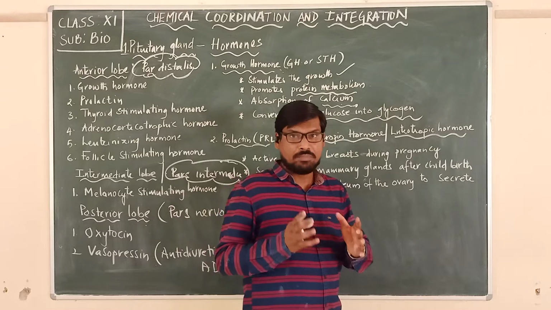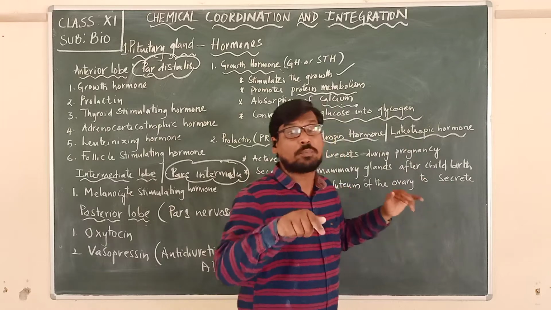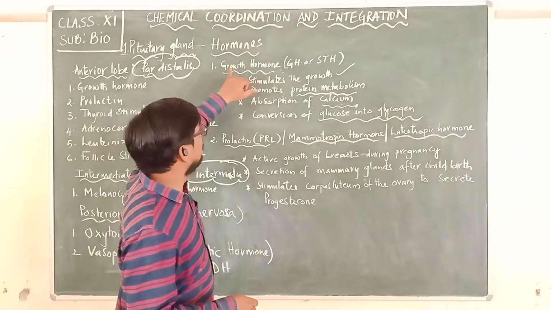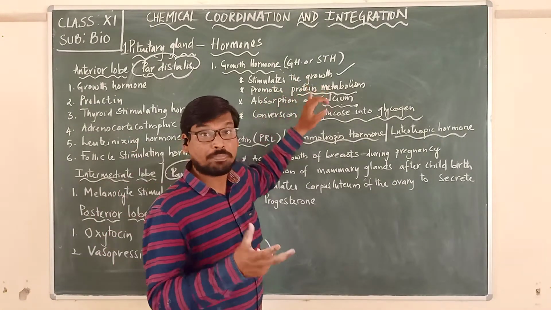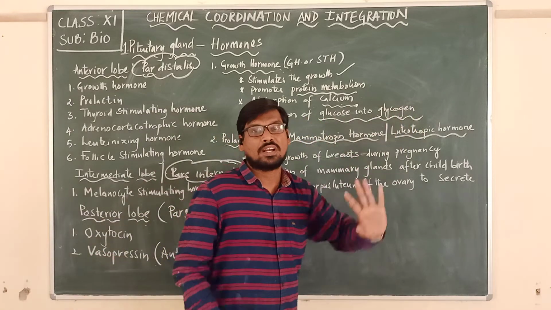But at the same time, conversion of glucose into glycogen is also brought about by the growth hormone. So growth hormone stimulates the growth, helps in protein metabolism, absorption of calcium, and is also involved in conversion of glucose into glycogen.